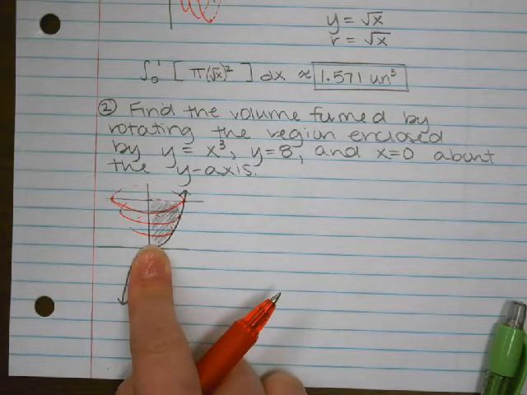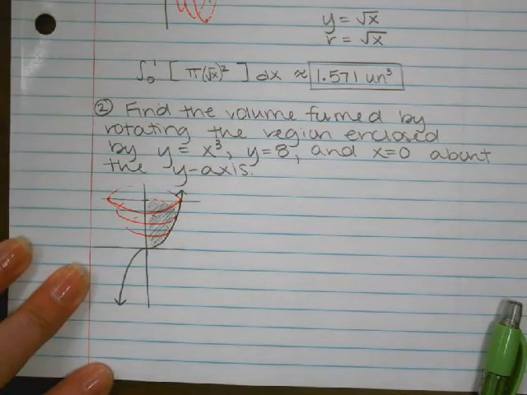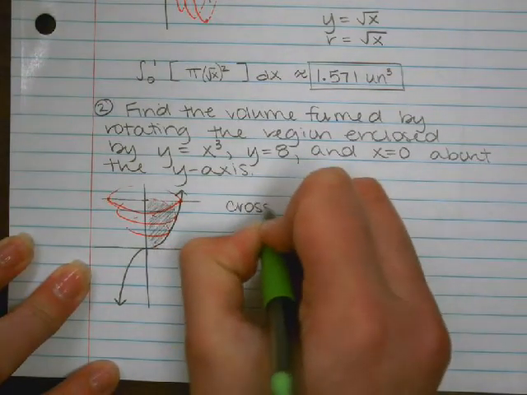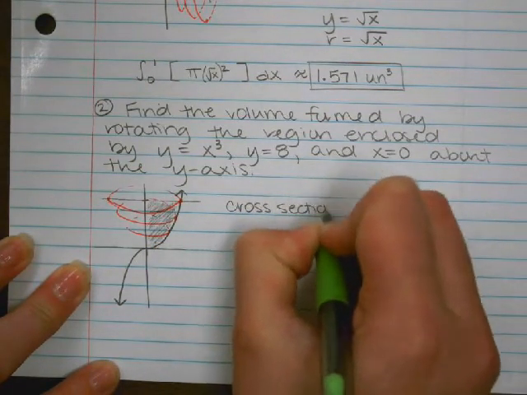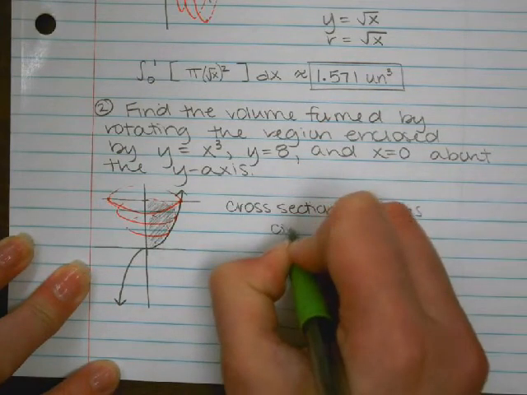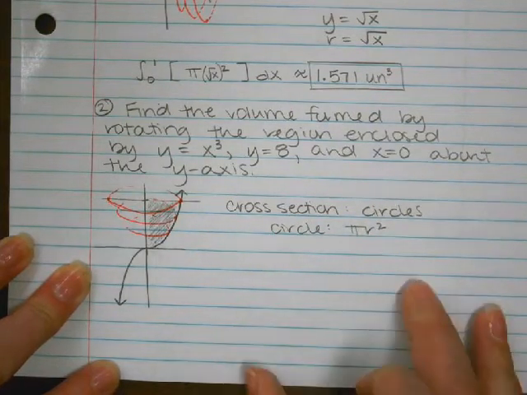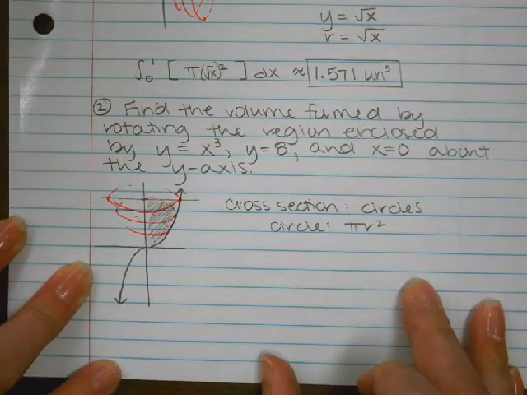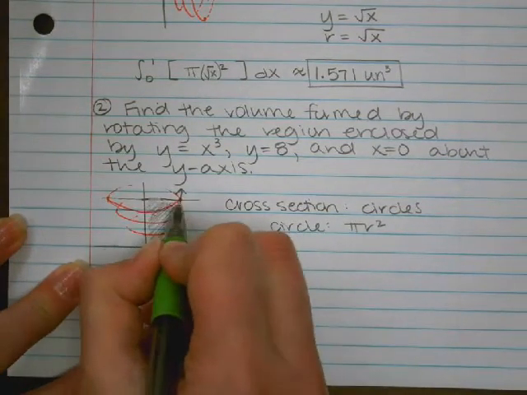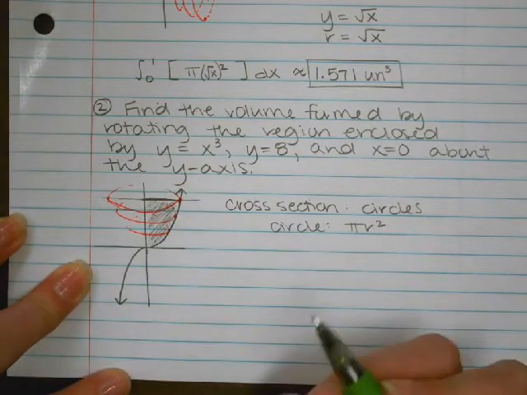So here, again, the cross-section is a circle. The area of the cross-section is still pi r squared. And if I want to find the radius of that circle, the radius is actually going to come from the x coordinate instead of the y coordinate.